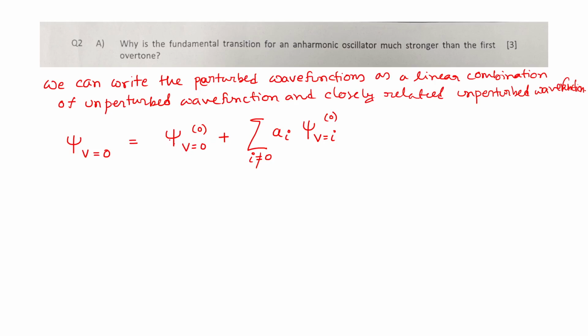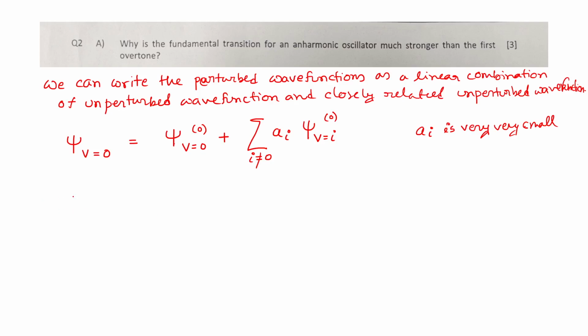When i is 0, this is psi v equals 0 at 0. We are talking about the other closely related states. And what is prominent here is that a_i is a very, very small quantity.